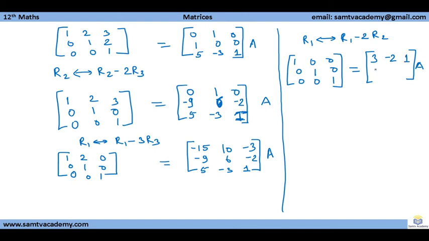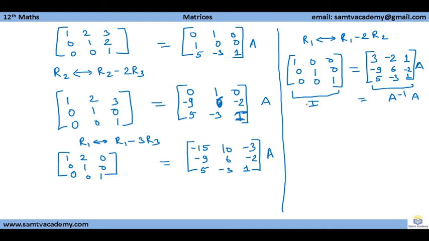Now these two will remain the same, minus 6, minus 9, 6 and minus 2. This is 5, minus 3 and 1. So here we have seen that it has become I.